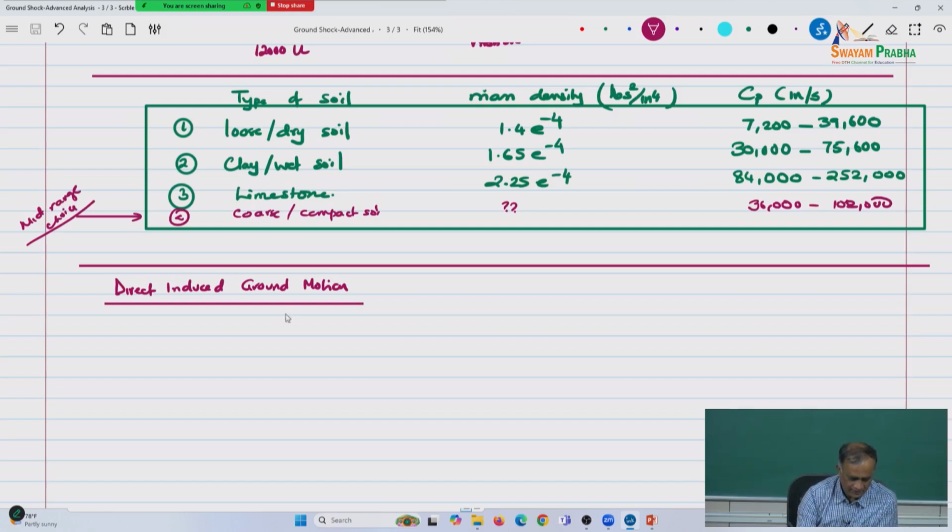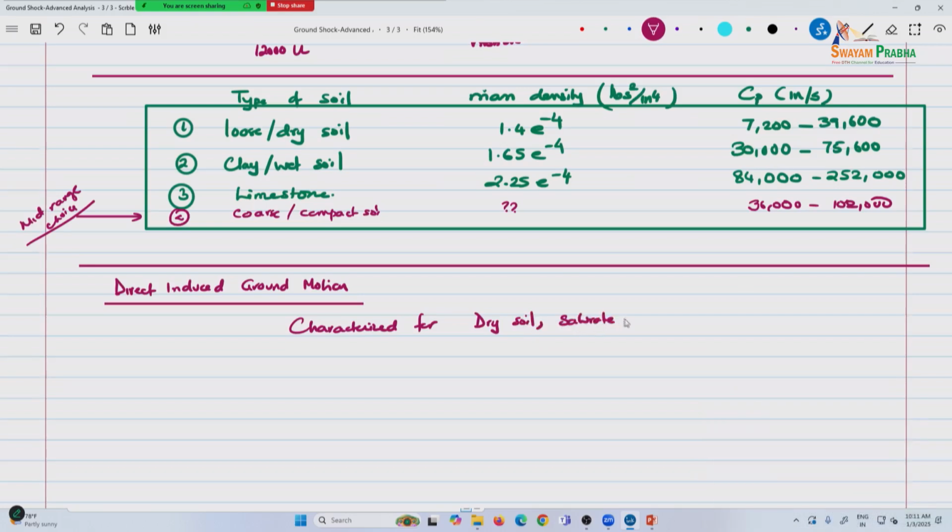Now here, this is characterized for other types of soils, different types of soils. You can characterize it for dry soil, saturated soil, wet soil, clay, or rock.